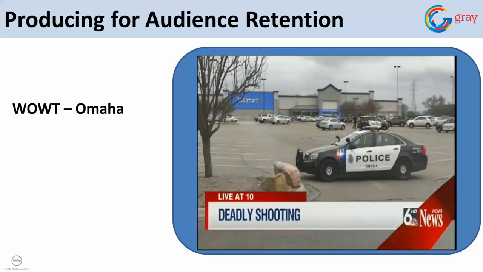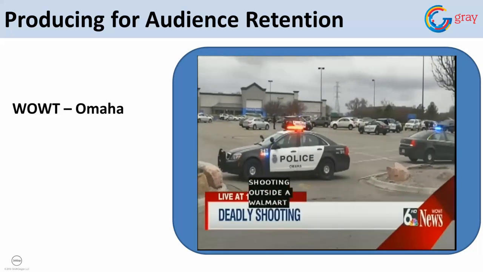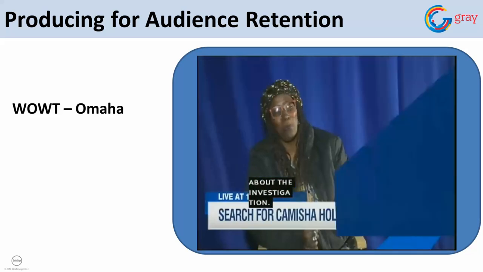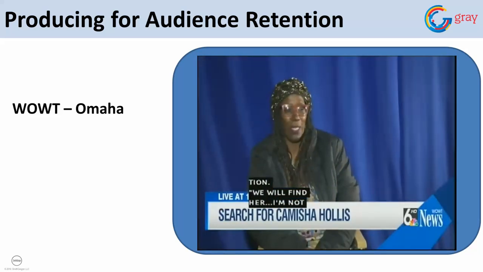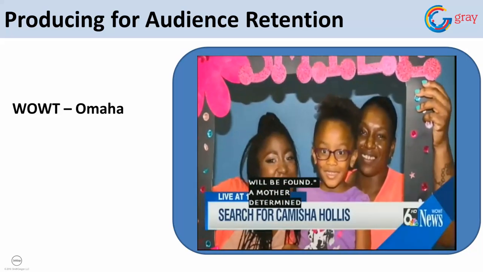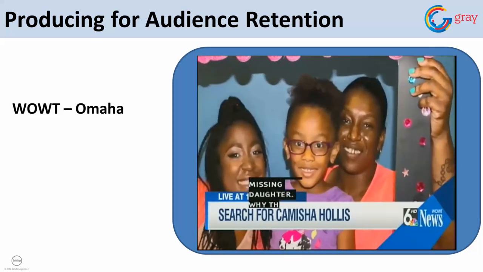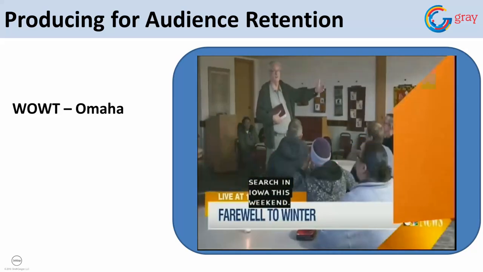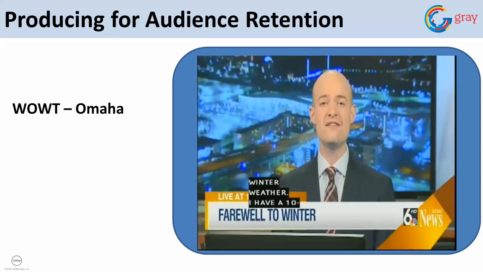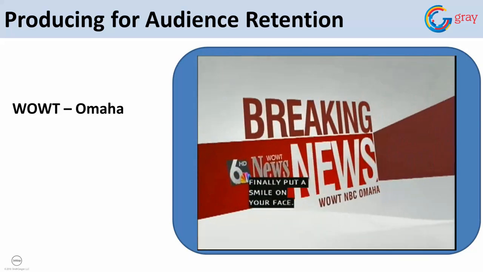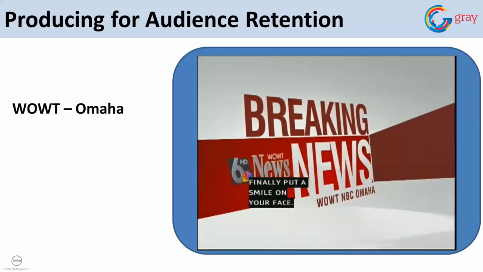Breaking news, a shooting outside of Walmart has turned deadly. What Omaha police are telling us about the investigation. We'll find her. Yeah, I'm not giving up. I'm not giving up on my baby. She will be fine. A mother determined to find her missing daughter, when the family of Kamisha Hollis is focusing their search in Iowa this weekend. So long, winter weather. I have a 10-day forecast that will put a smile on your face. Live at 10 starts now with breaking news.